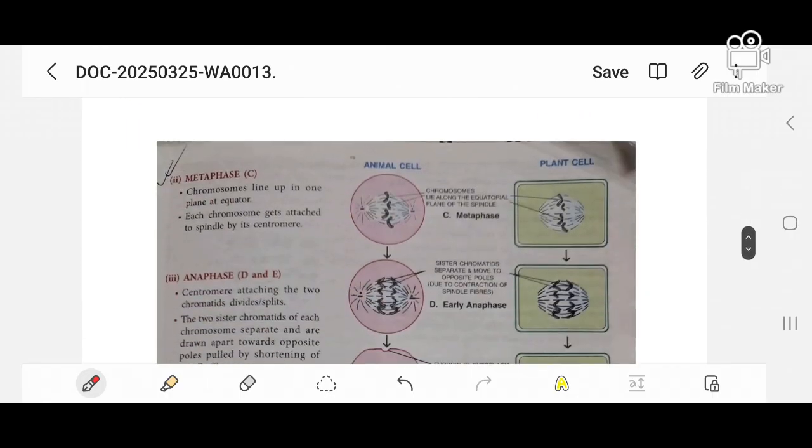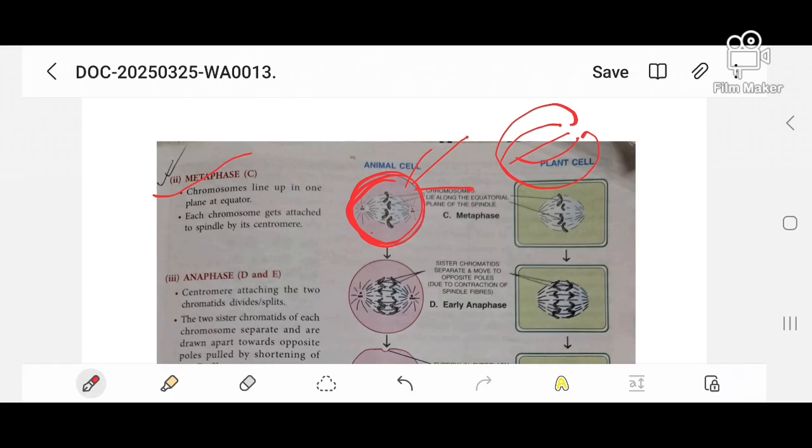Now, metaphase. Chromosomes line up. You can see the chromosomes have lined up in a single vertical line. Each chromosome gets attached to spindle fibers by its centromere. What are spindle fibers? See, there are some lines you can see like this, where the chromosomes are lying.